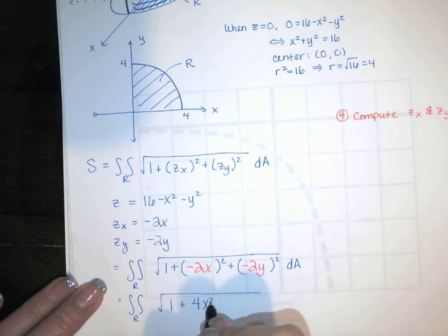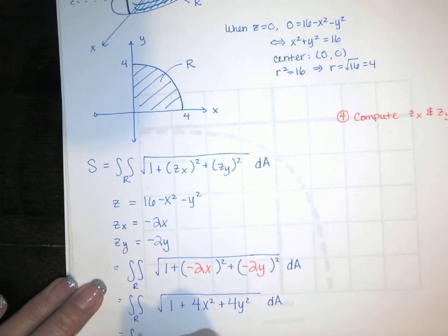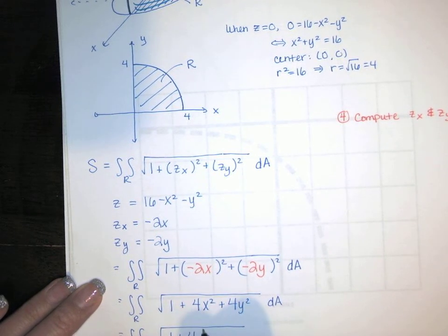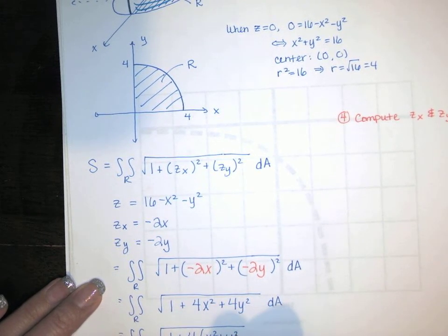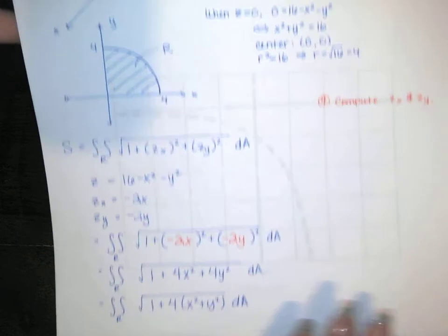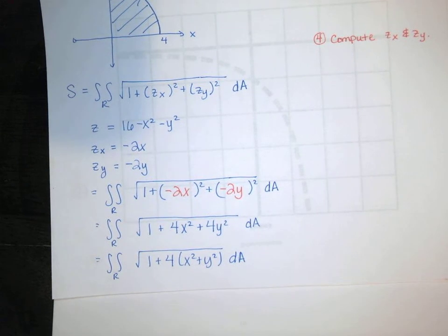We get a 4x squared here and a 4y squared here, because you square both factors separately. And that's really nice, because if I factor out that 4, I see an x squared plus y squared, and that is a very nice thing for changing to polar coordinates.